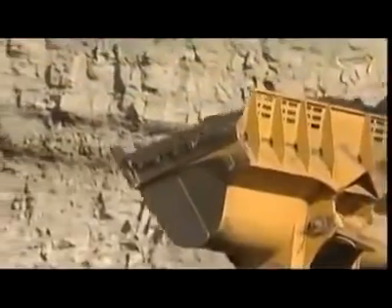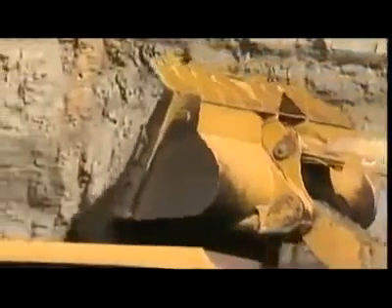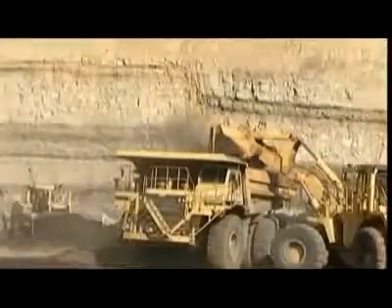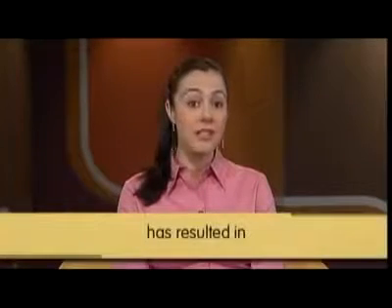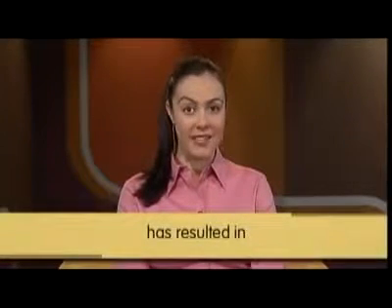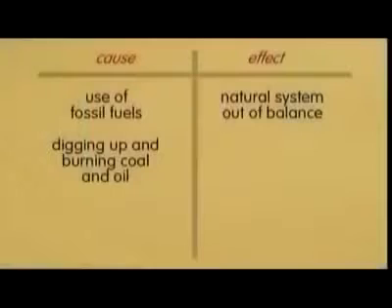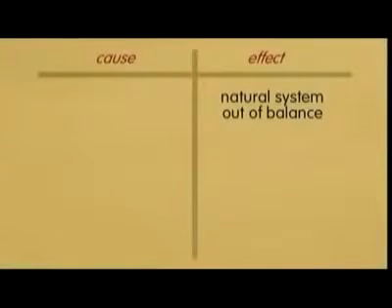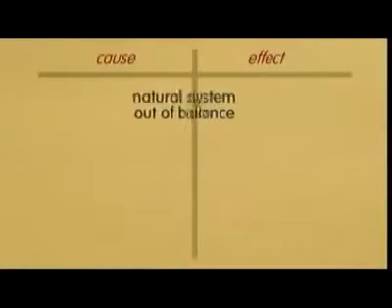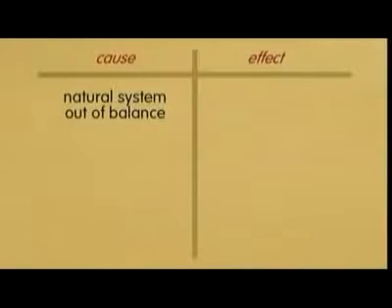It's put the whole system out of balance, which has resulted in higher levels of these gases in the atmosphere. So here, the natural system out of balance is now a cause. It has resulted in or caused higher levels of gases in the atmosphere. This is an effect.